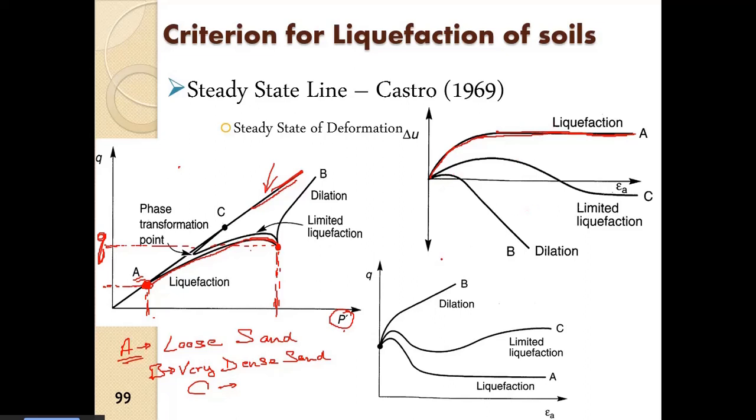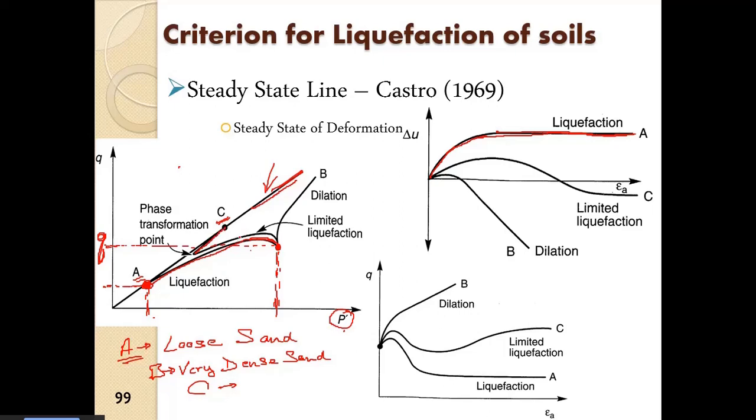In case of point C, initially there was an increase in the pore water pressure, and then after shearing, it expanded.